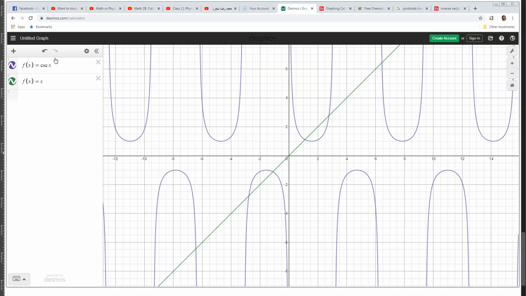So at all of these integral multiples of pi, you will get these asymptotes at 0, at pi, at 2 pi, at 3 pi, 4 pi, and negative pi, negative 2 pi, and so on and so forth.